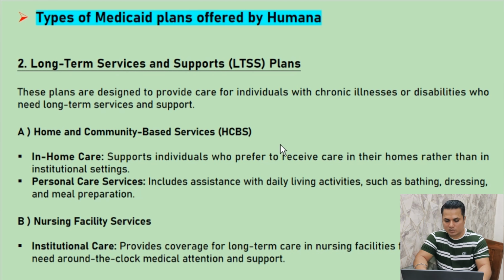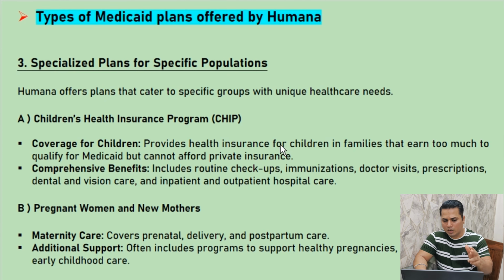Personal care services include assistance with daily living activities such as bathing, dressing, and meal preparation. B. Nursing facility services. Institutional care provides coverage for long-term care in a nursing facility for individuals who need around-the-clock medical attention and support.